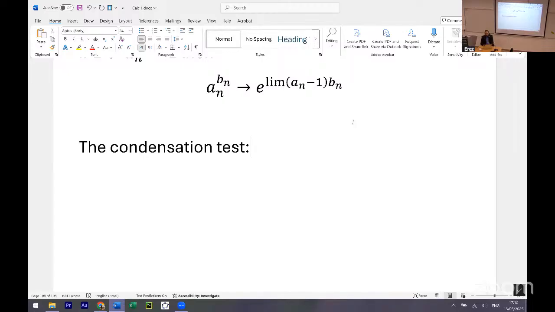I think I will stick with the explanation, because the explanation shows almost everything, but skips just some finer, non-interesting details. So it goes like this. Assume an is a positive decreasing sequence.